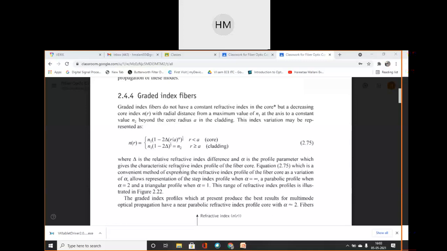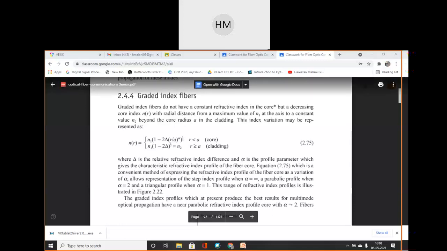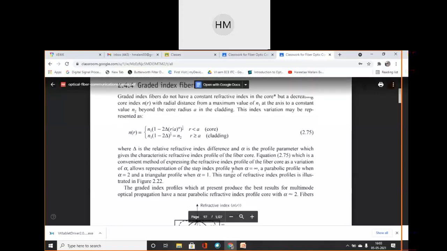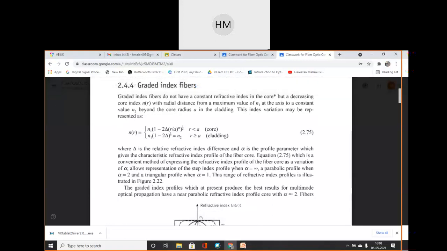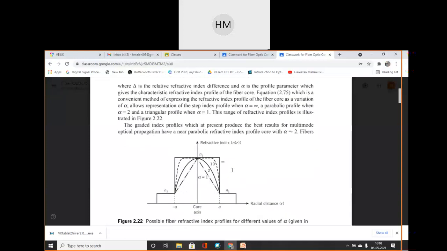And a is the core radius. And what is small r, students? Small r is the radial distance from the fiber axis. Okay. So you can draw this diagram, which shows you various parameters of alpha. Draw this diagram.